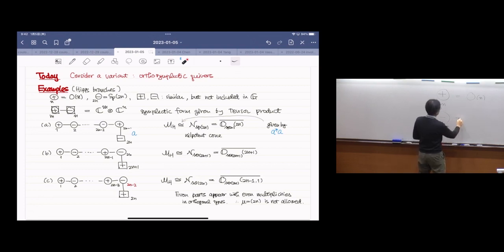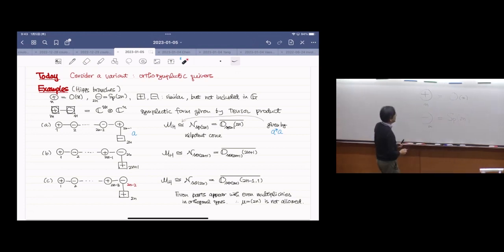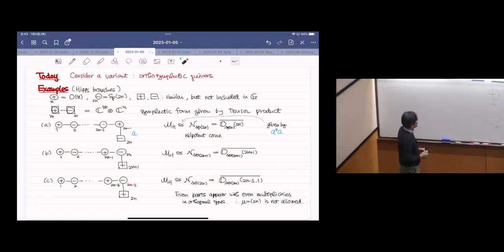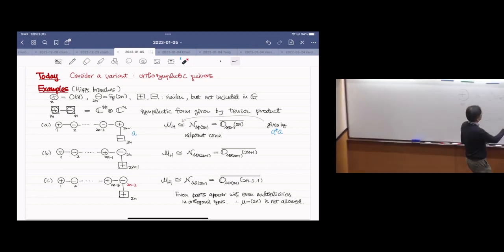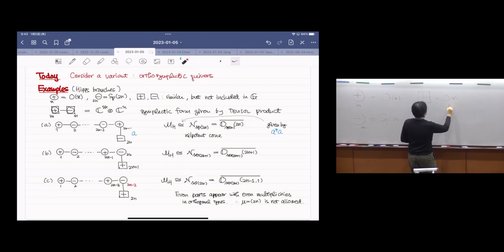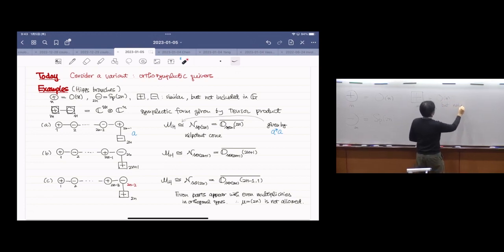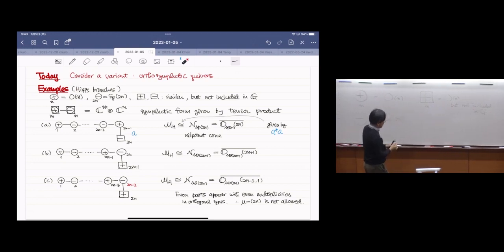My convention is that Sp is always even: the symplectic vector space is 2n dimensional. And we also have a framing one. This means, again, this is O(N), but not included in G. So this disappears as a framing.